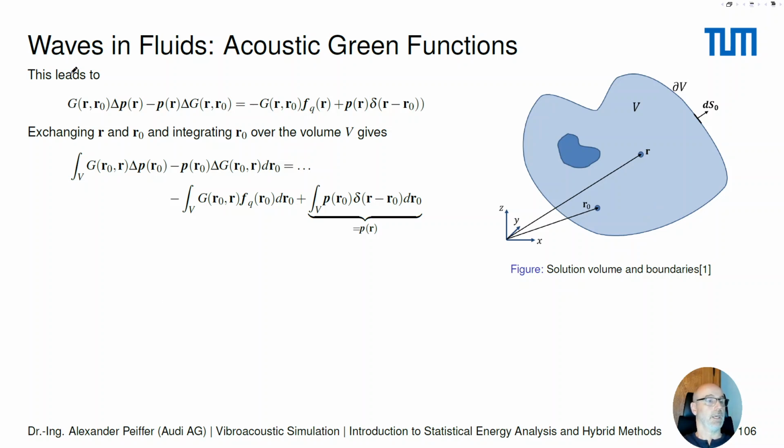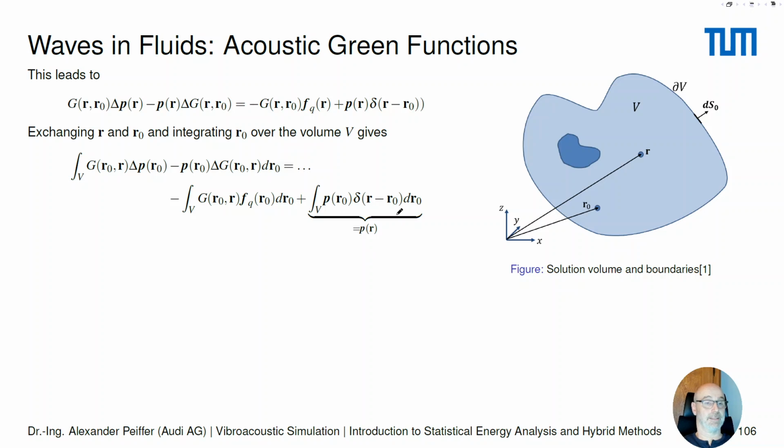Good. We exchange in this expression r and r index 0 and perform an integration of this over this specific volume V. And then we get this expression here, which goes step by step and rearranging things a little bit.